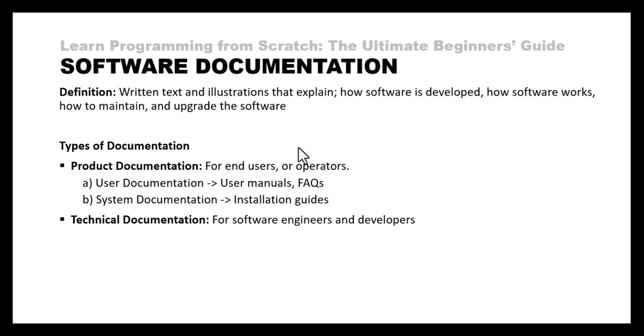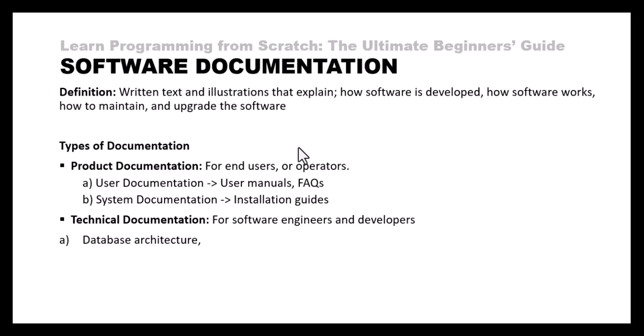Technical documentation is very, very technical. It talks about the development of the software, what the software is made up of, and how it was made. It is for the engineers working on the software or new engineers joining the team developing it. It's not for the end users. It's for software engineers and developers only.